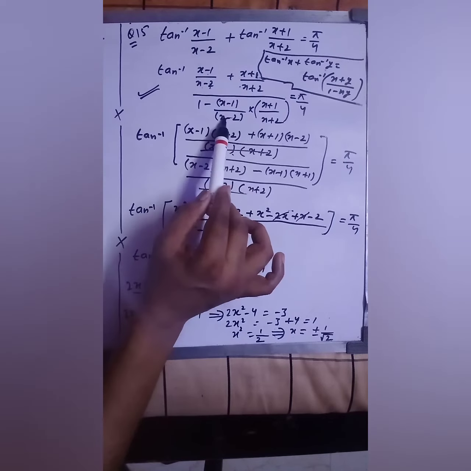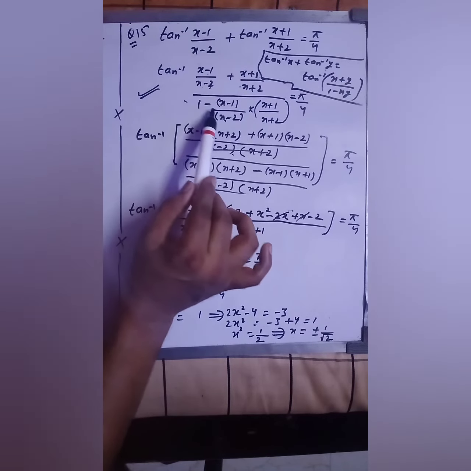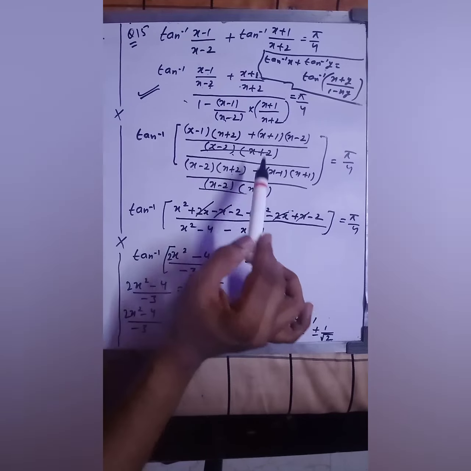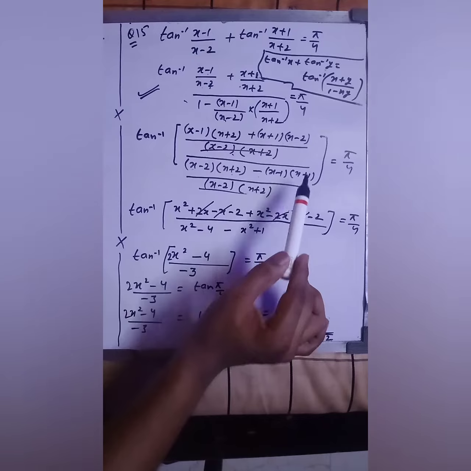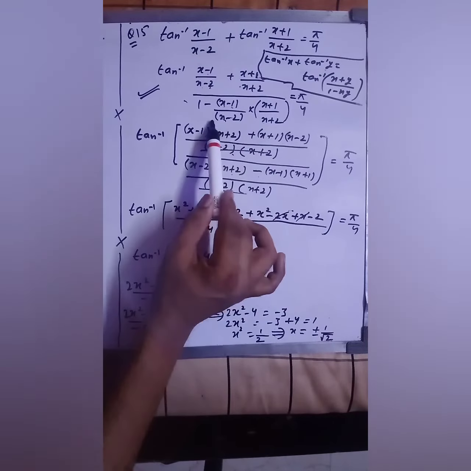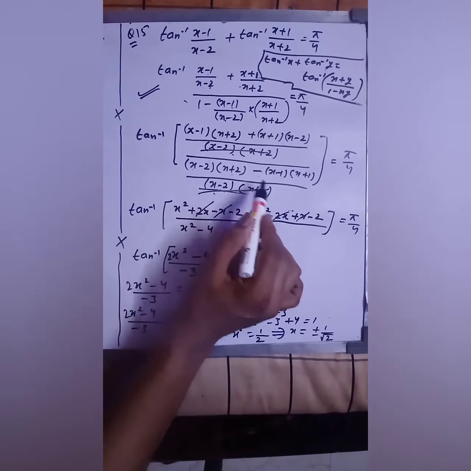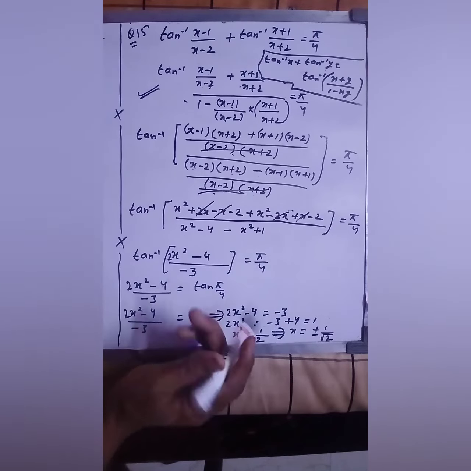And similarly in the denominator again you have to multiply this 1 by x minus 2 and x plus 2, and you will get this step, minus minus, and in the denominator again you will get x minus 2 and x plus 2, and these will cancel out.